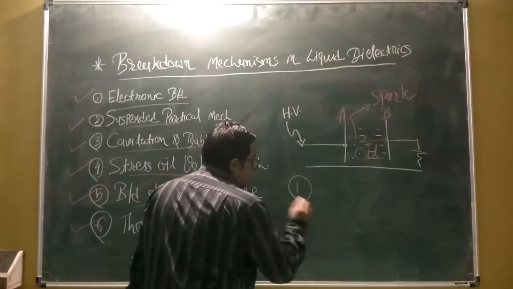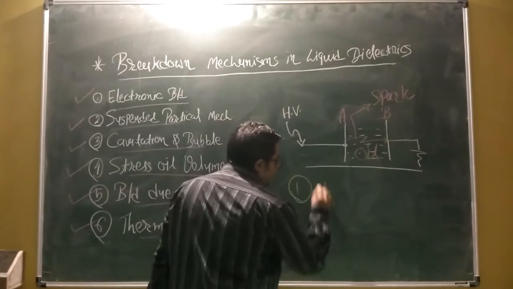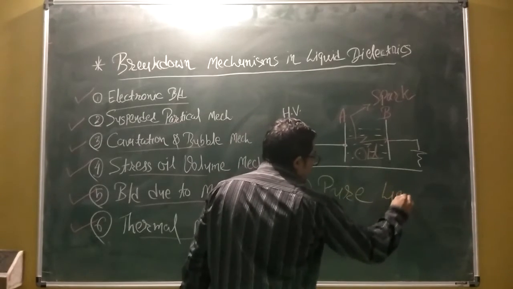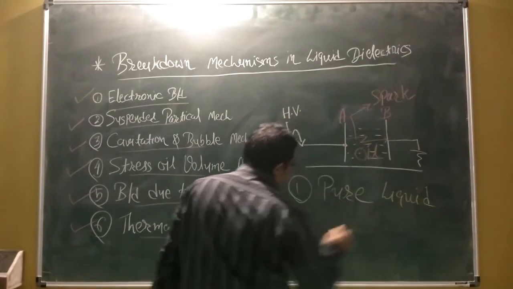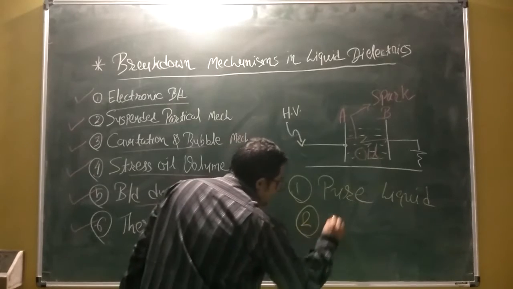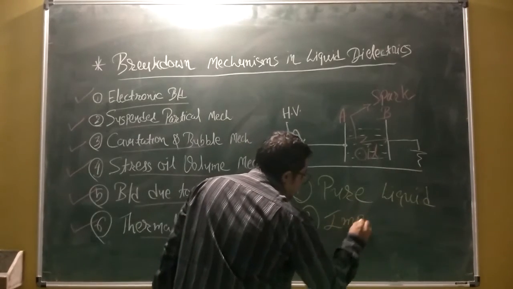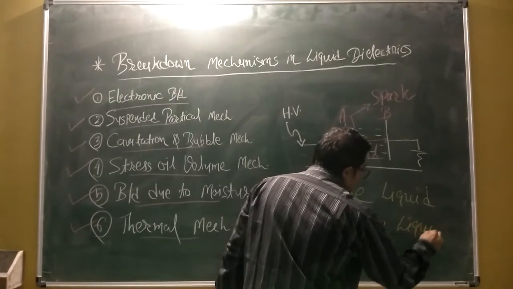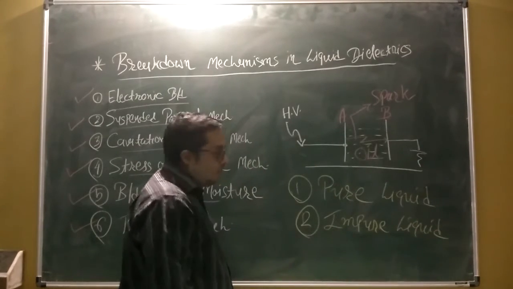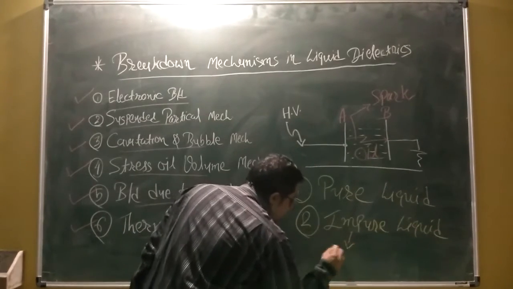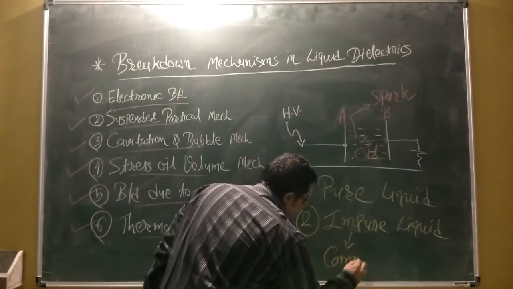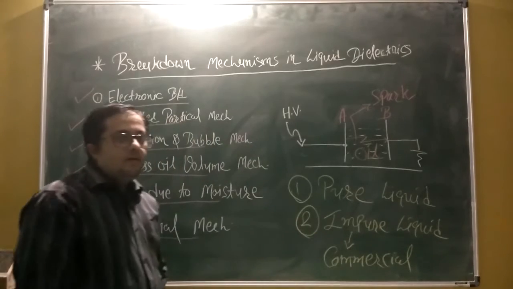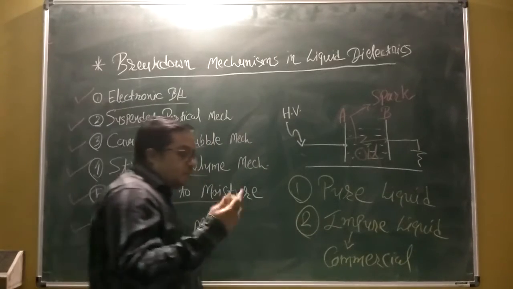One is known as the pure liquid, and the second is known as the impure liquid. This is known as a commercial liquid as well. So now we have the two different types.